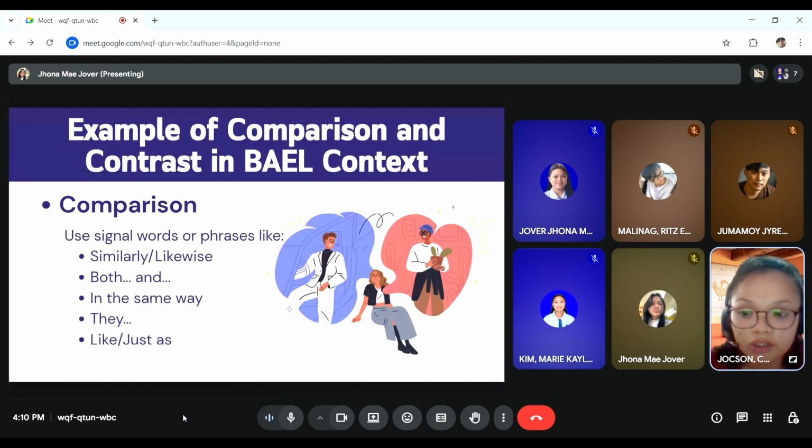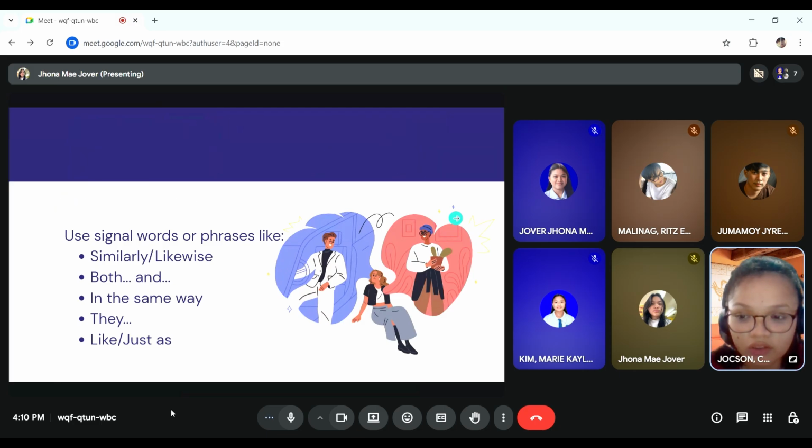So with comparison, you use certain signal words to indicate that they have the similarity with their features, like what we have just pointed out in the paragraph. Okay, next slide. That is for the comparison. Now we have next slide for contrast.